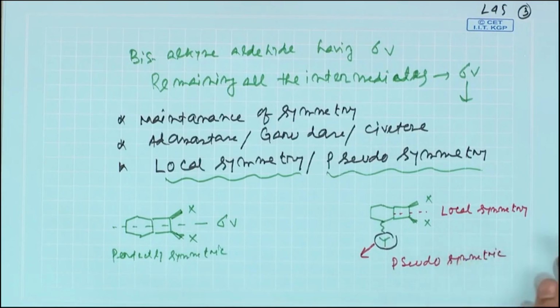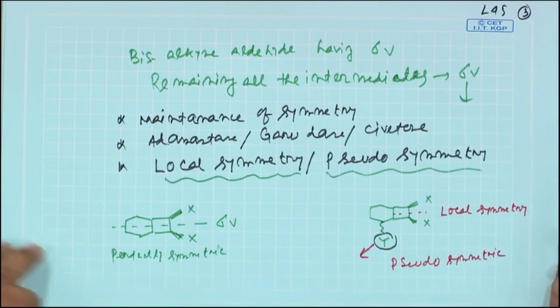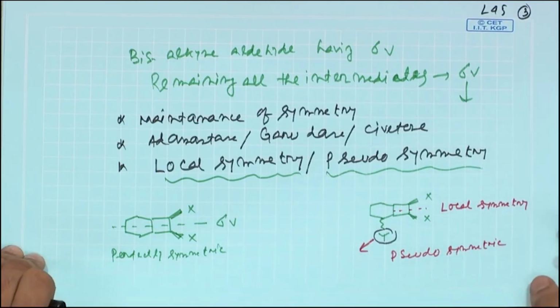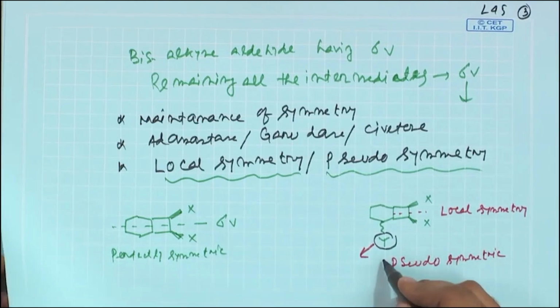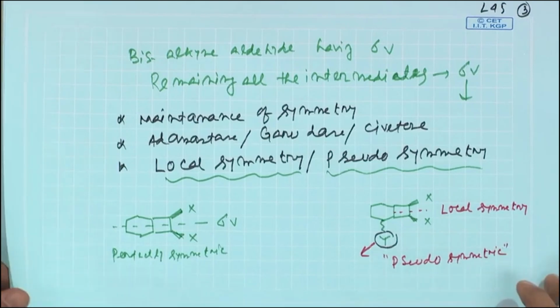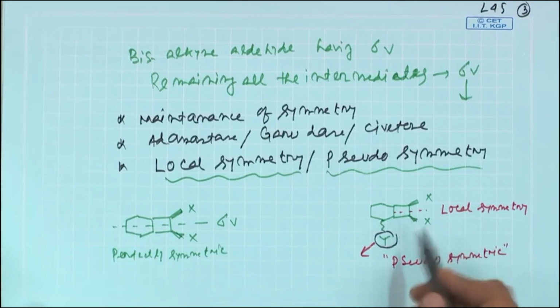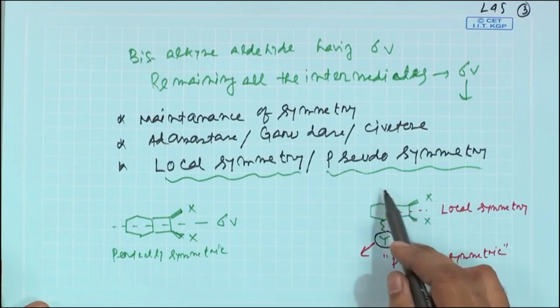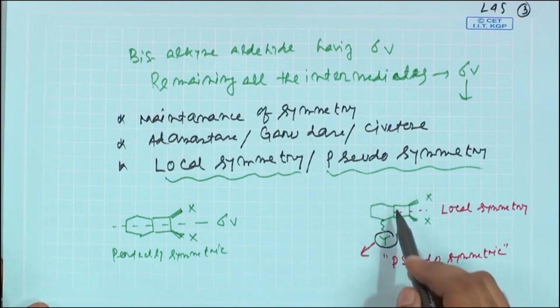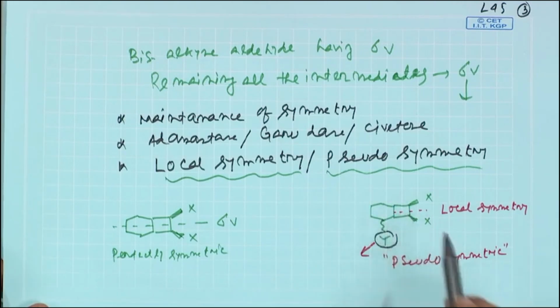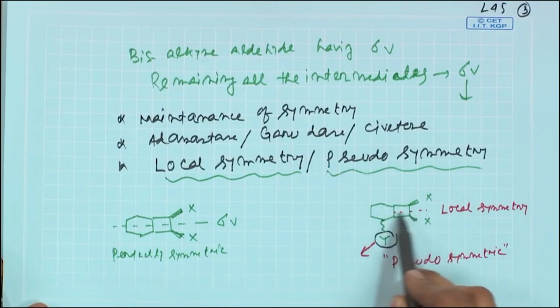Now, there are many natural products which you will find belong to this pseudo symmetrical class, and for these it is always advisable to disconnect the pseudo symmetrical molecule to a local symmetrical molecule.